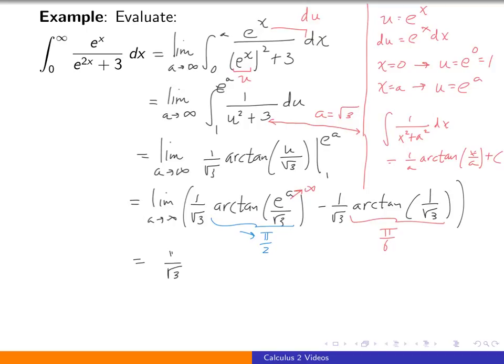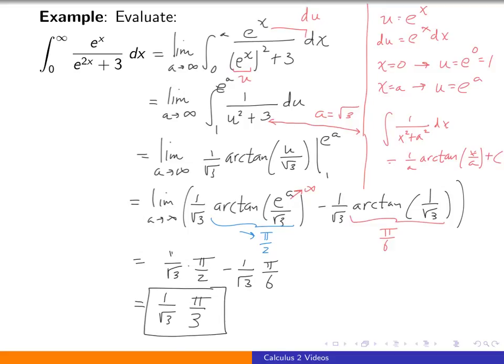Then we have the limit as a goes to infinity of the arctangent e to the a over root 3 is pi over 2. And then we're subtracting away 1 over root 3 pi over 6 because the limit of a constant is that constant. So you have a 1 over root 3 that pulls out of both terms, and pi over 2 minus pi over 6 is pi over 3. And this number is the value for this improper integral.